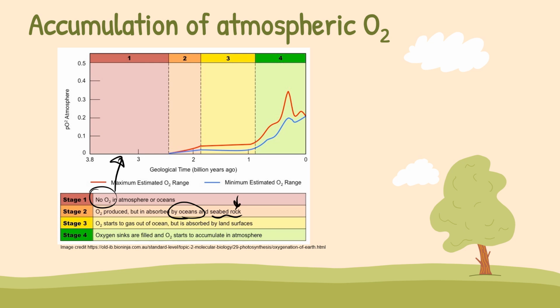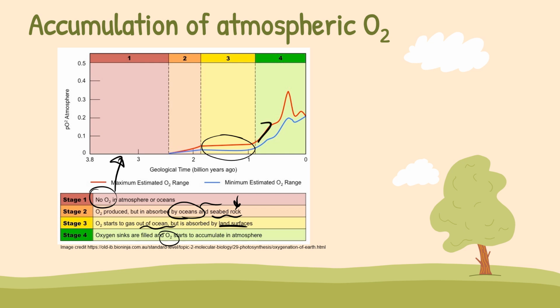And then once we had a saturated ocean oxygen level, oxygen gas started to diffuse out of the water, but there were more minerals on the surface of the land, and so those bound to the oxygen, and we had more minerals, more rocks being produced. Eventually, the surface of Earth was saturated with oxygen, and then oxygen gas started to actually enter the atmosphere.